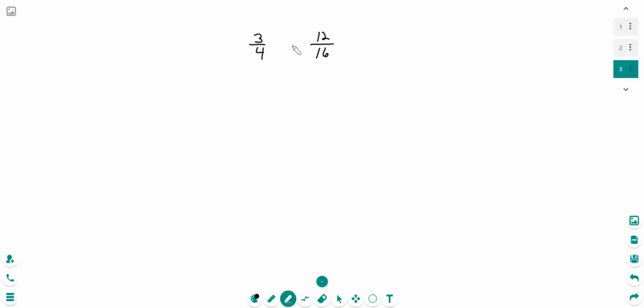So if I set these two equivalent fractions equal to each other, all right, we have something that looks a bit like an equation, right? We have a fraction on one side and we have a fraction on the other side connected with an equal sign, all right? When we have something like this, we have a special name for it. We call this a proportion.